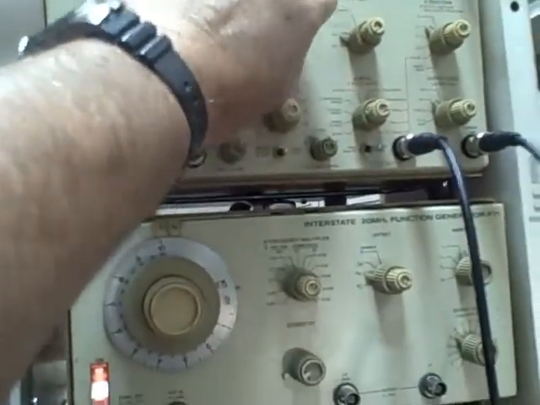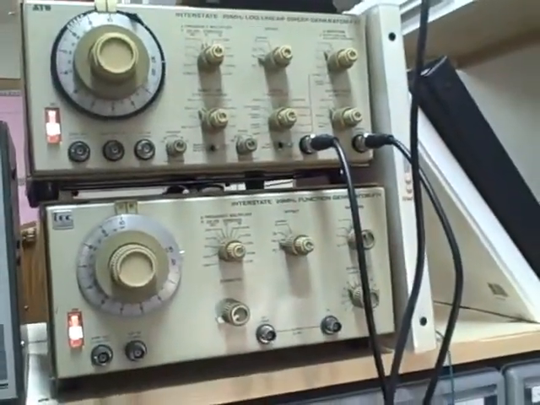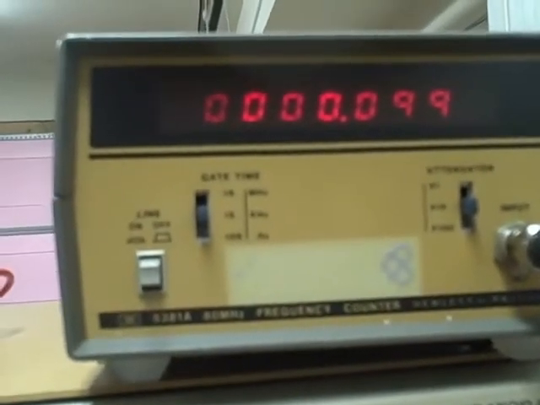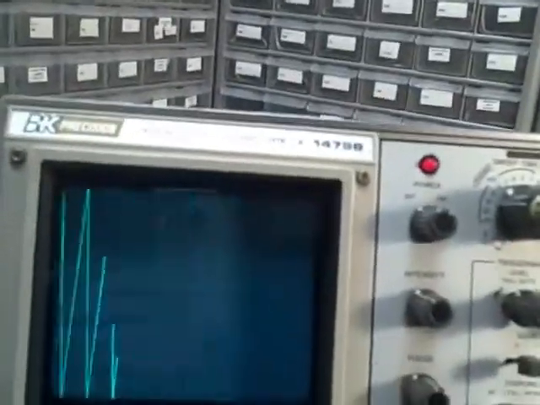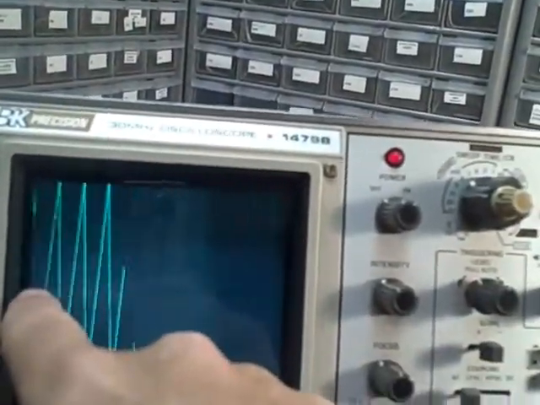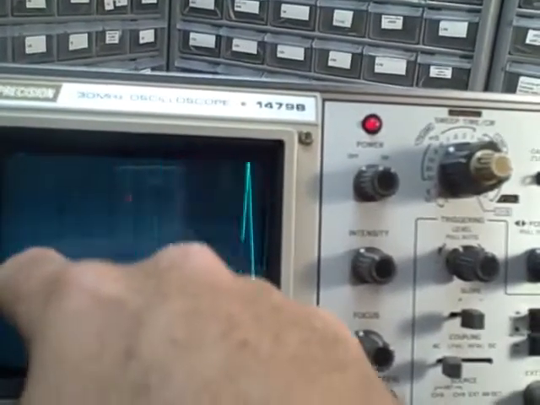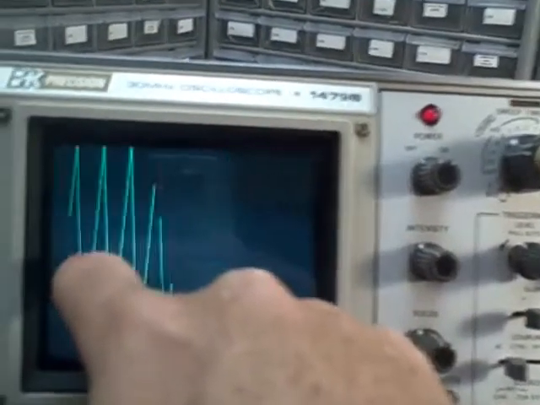If I kick up my scope now to 100 hertz, which you can see we're at 99 to 100 hertz here, then I should see that I have one full cycle per division.